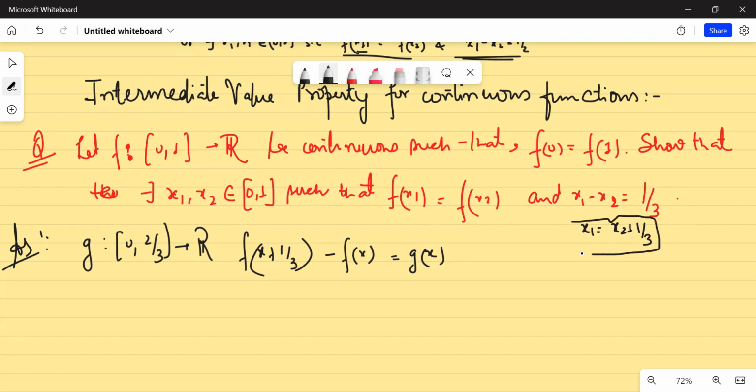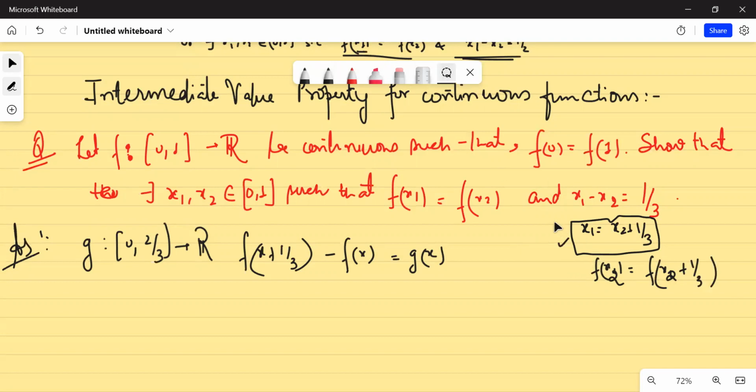In other words, I'm asking whether there will exist some x1 and x2 such that f(x1) is equal to f(x2) is equal to f(x2 + 1/3), isn't it? Yes or no? Yes.